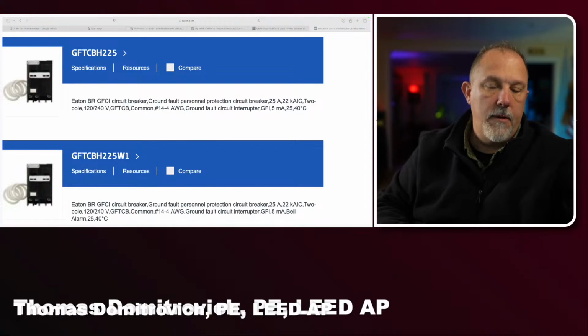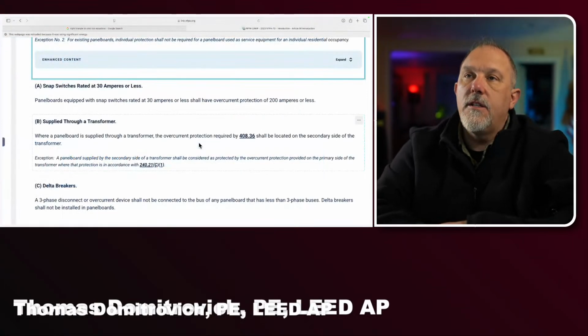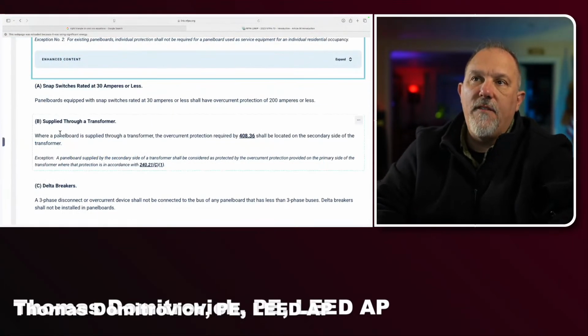If you go to 408 as an example, and you go to panelboards, and you look at overcurrent protection in 408.36, there's some specific language there that speaks to when you have a panelboard that is supplied on the secondary of a transformer.